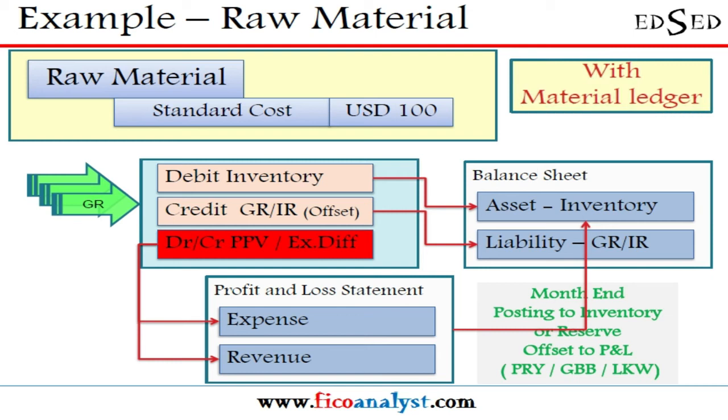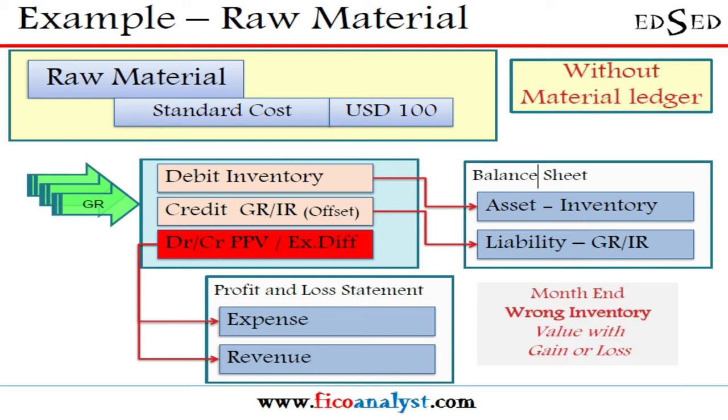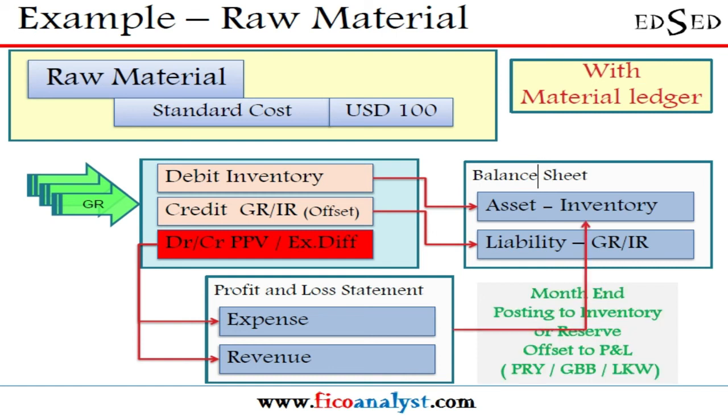In the without material ledger scenario, you don't touch your P&L values, which will remain and go as either loss or gain, and the inventory values stay at the standard cost. In the material ledger scenario, the inventory value is adjusted back to the actual value that you paid as part of your procurement.